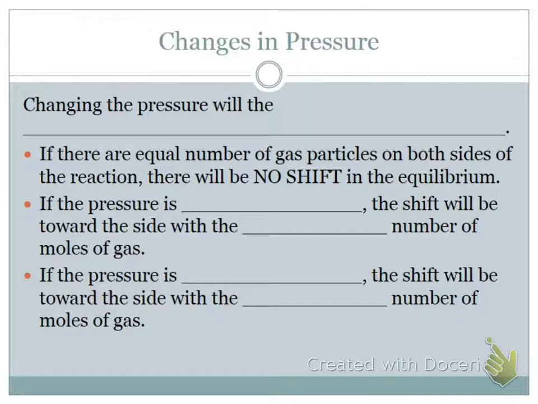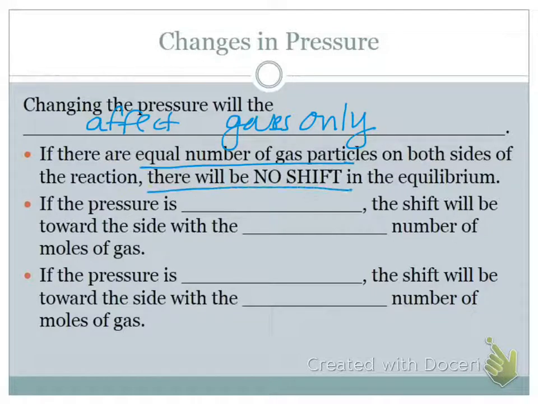So when I'm changing the pressure, we said earlier that changing the pressure will affect gases only. That's because volume is not affected when you have a liquid or a solid. If there are an equal number of particles on both sides of the equation, there will be no shift.